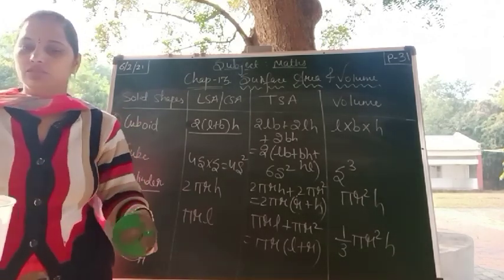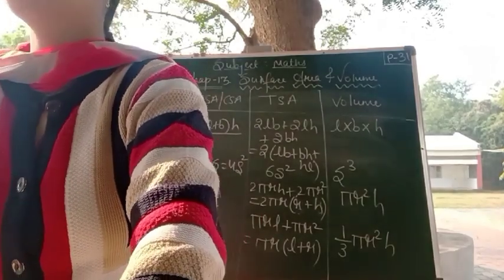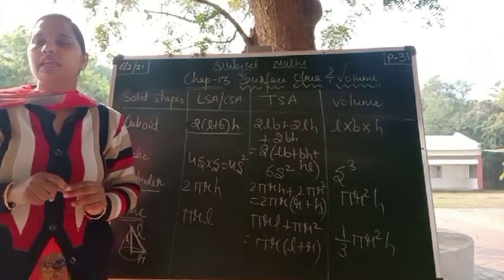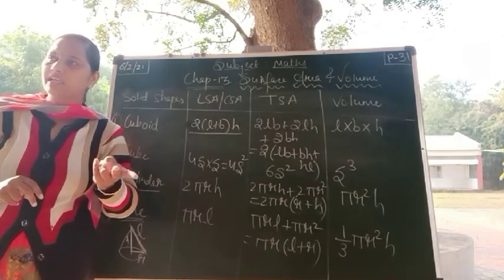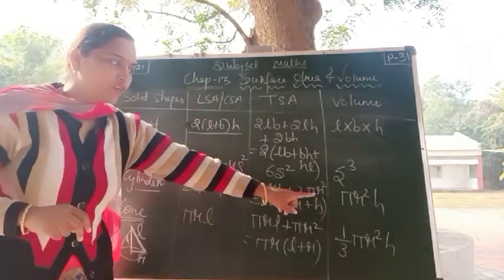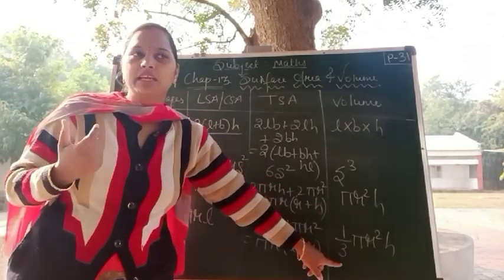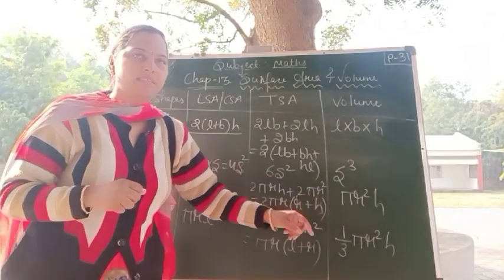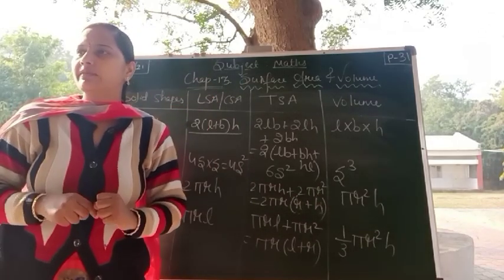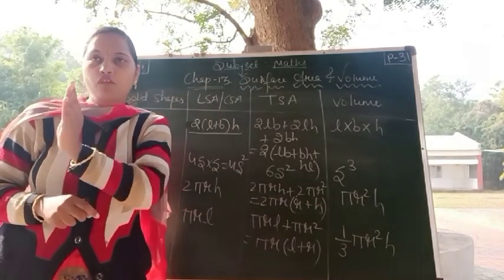You can try it. But the containers should have the same height and same radius. Then to fill the cylinder, I have to take 3 times the cone. So the volume of cylinder is 3 times the volume of cone.